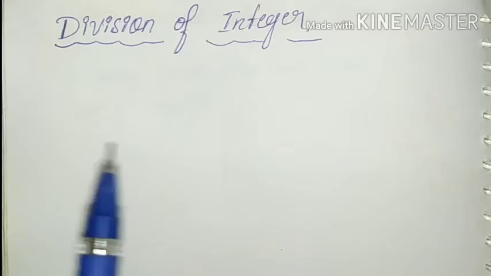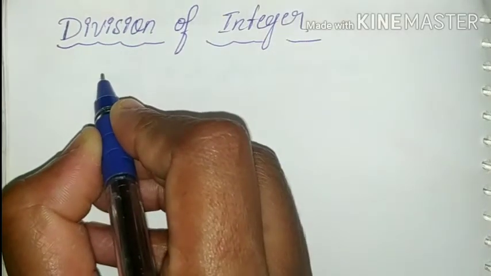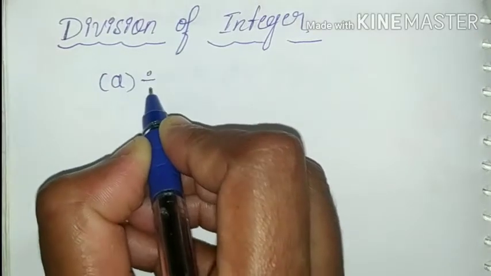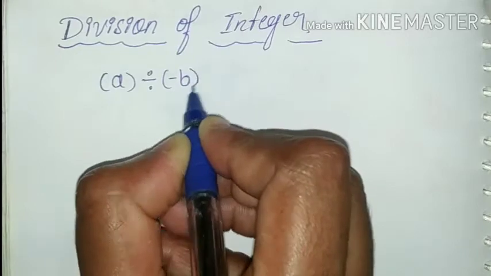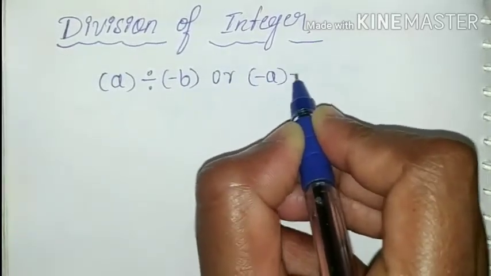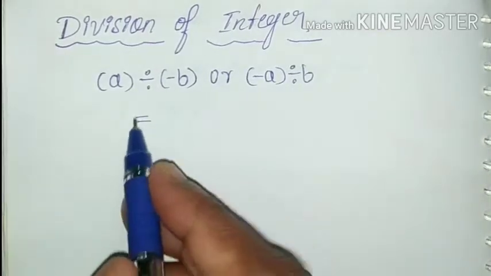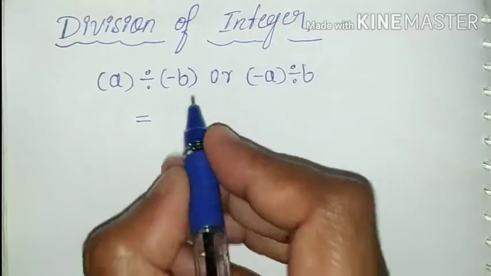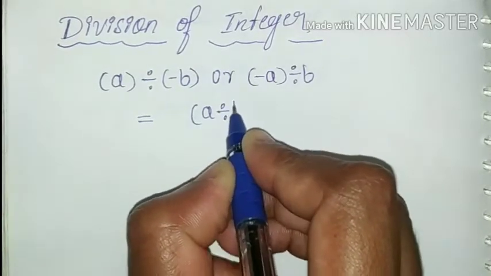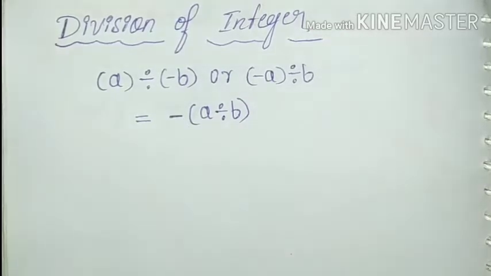First I will write the symbolic representation: a divided by minus b or minus a divided by b. So what is the answer? We divide them as whole, a divided by b, and we put a minus sign before the quotient.